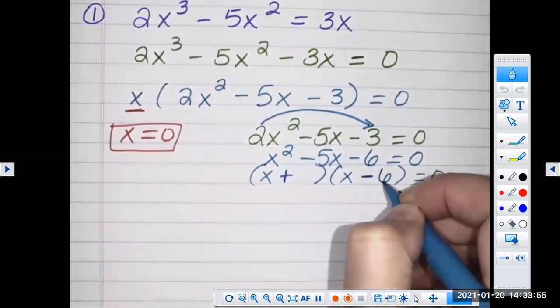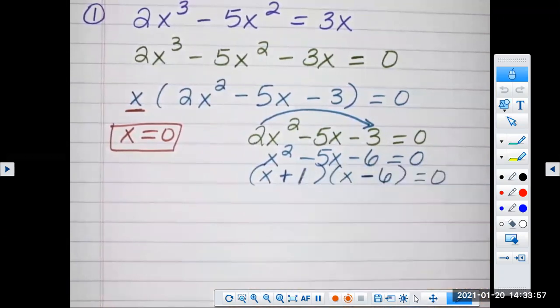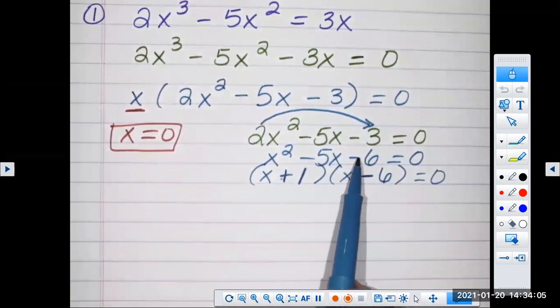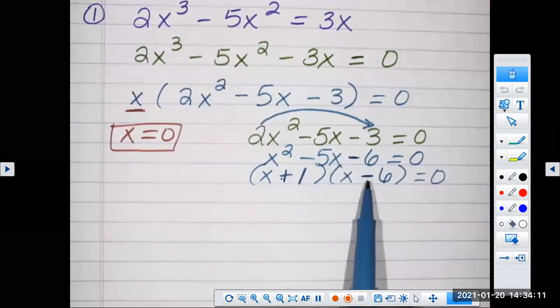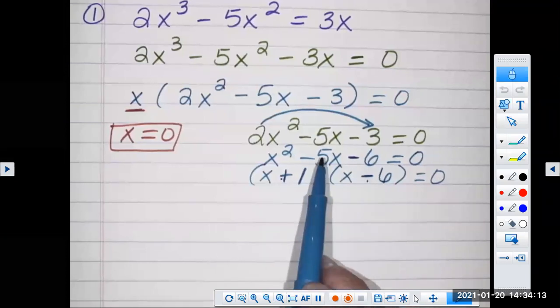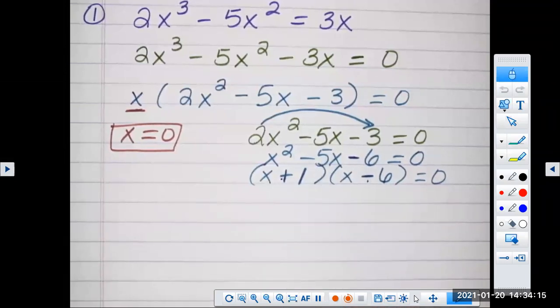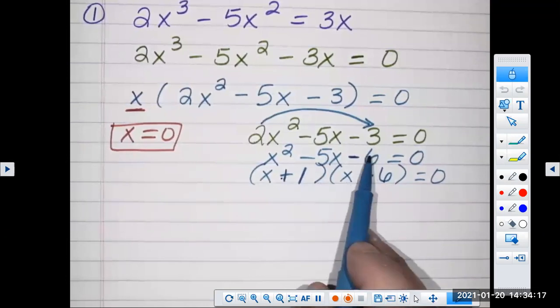And 6 has to go with a minus sign and 1 with a positive. Does everybody understand where these signs come from? Y'all know that if that last sign is a minus sign, that they're different signs? Okay. And then you think about -6 plus 1, that has to give you -5 in the middle. And -6 times 1 has to give you -6.